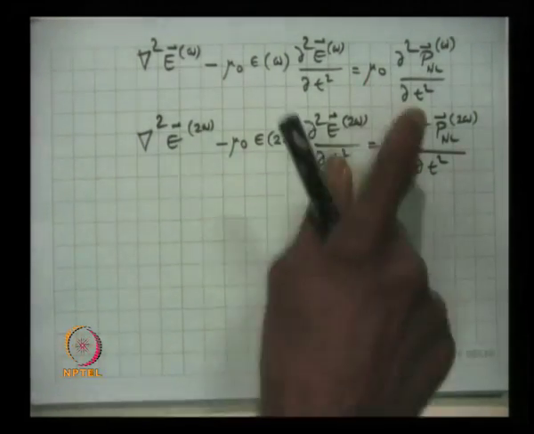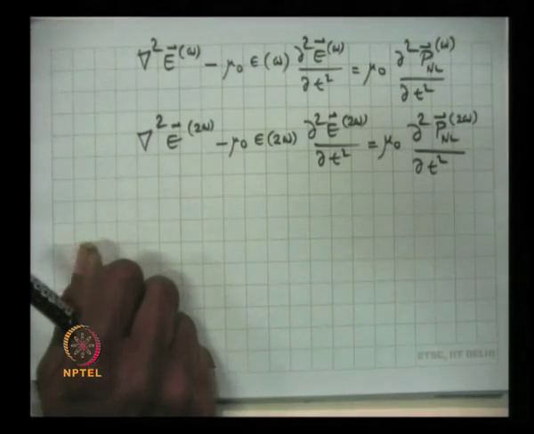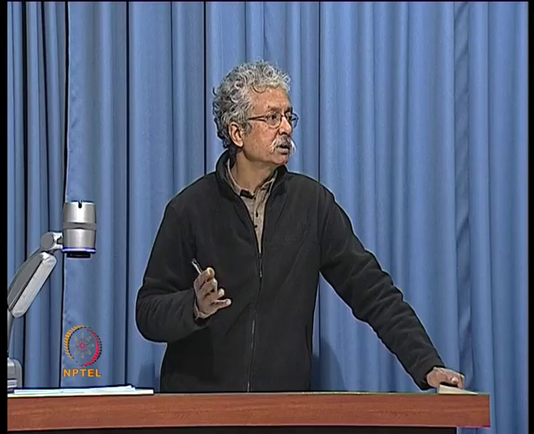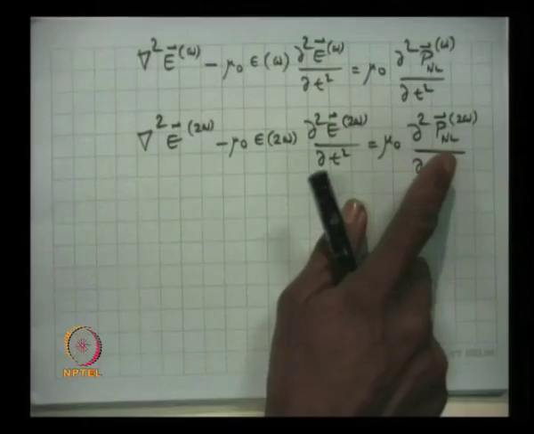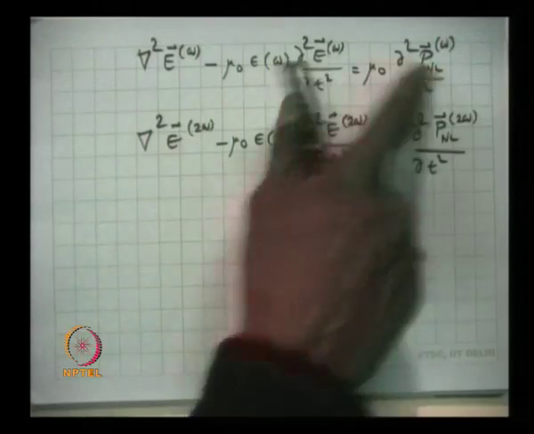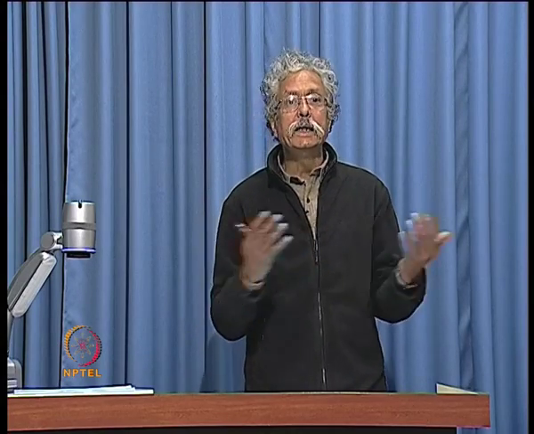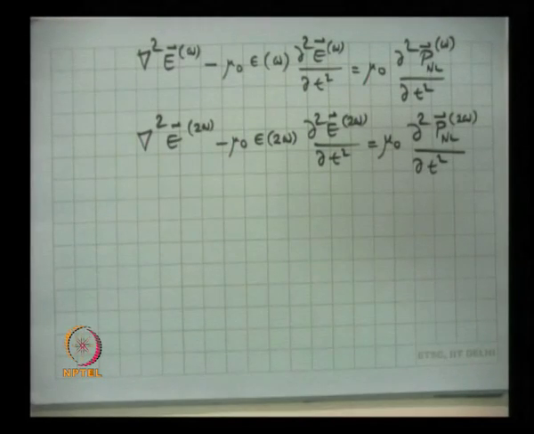I showed you that there is also a nonlinear term at frequency omega because of a mixing between omega and 2 omega frequencies. There is a nonlinear polarization at 2 omega, there is a nonlinear polarization at omega, and these two equations describe the propagation of frequency omega and 2 omega through the medium, and the interaction between these two frequencies is brought about by the nonlinearity in the medium.